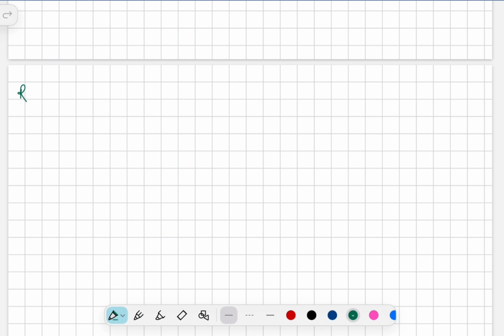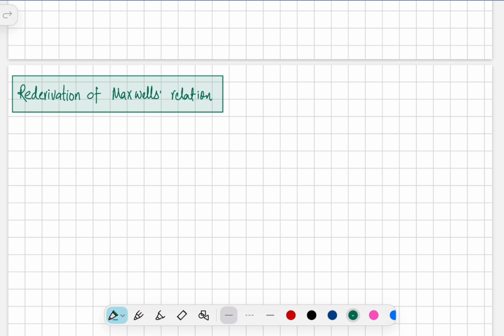So the heading is re-derivation of Maxwell's relations.